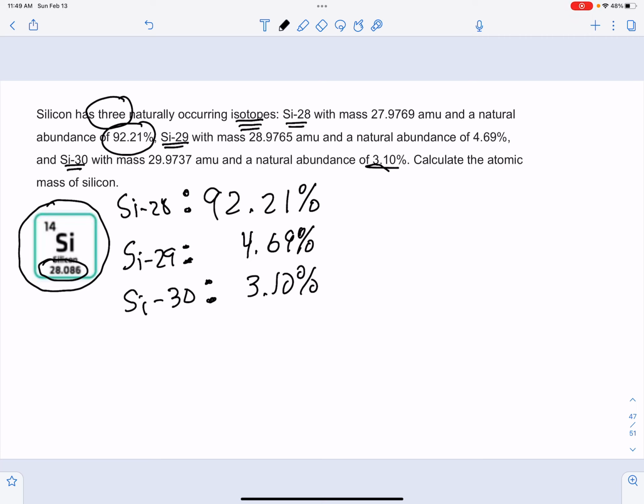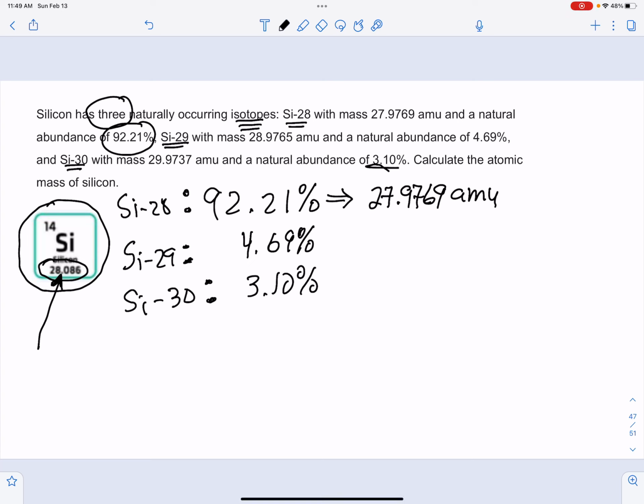So how do we get to this number then? Well, silicon 28 doesn't weigh exactly 28. That's an approximation, because the proton doesn't really weigh 1.0000. It probably weighs like 1.00 something. When you're talking about millions of them, the average number is going to come out to 27.9769 AMUs.